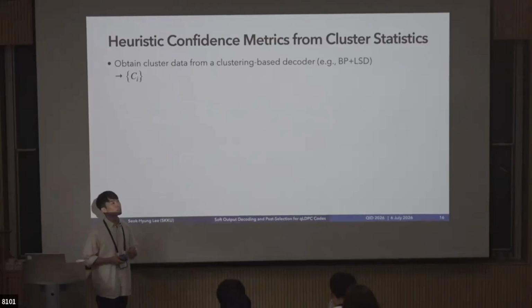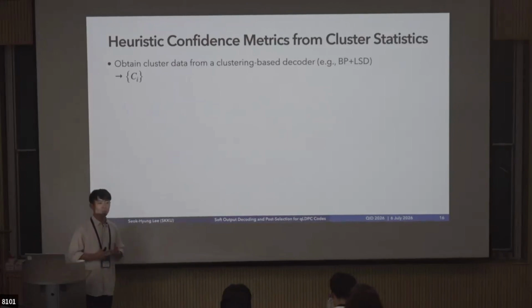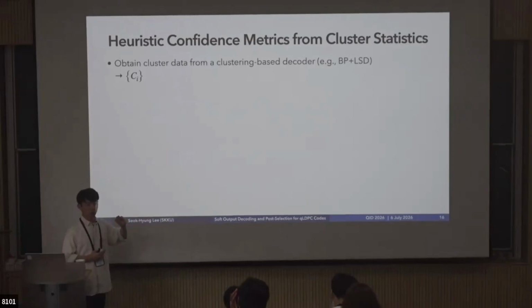To meet that condition, I'm not sure whether there is some quantitative analysis on that, but for each logical class, first, the minimum perfect matching decoder works well, even if we add additional virtual boundaries. I mean, additional virtual checks.